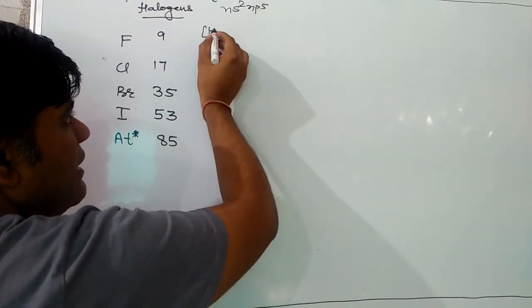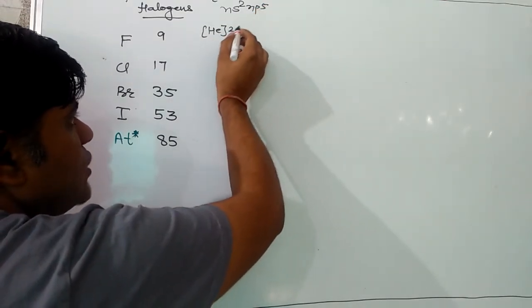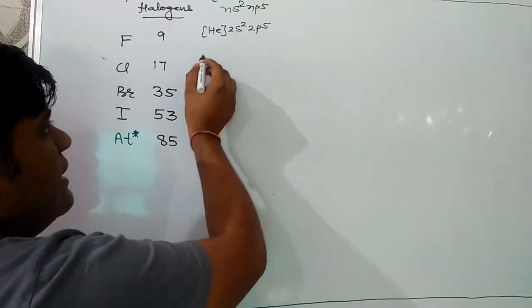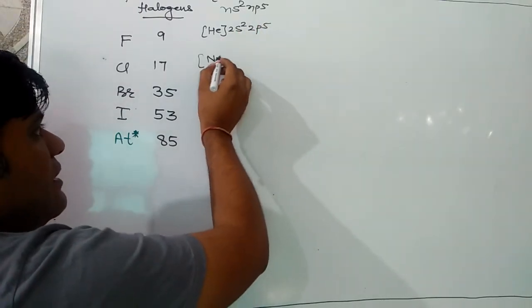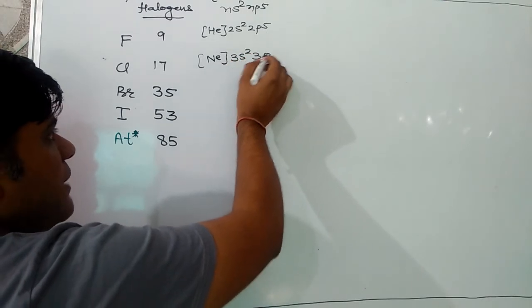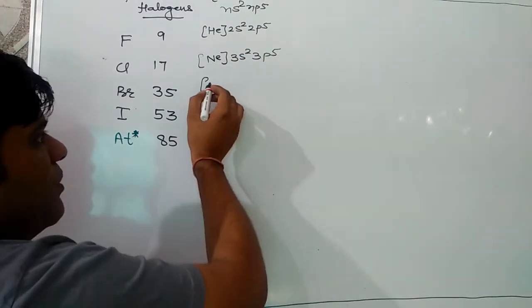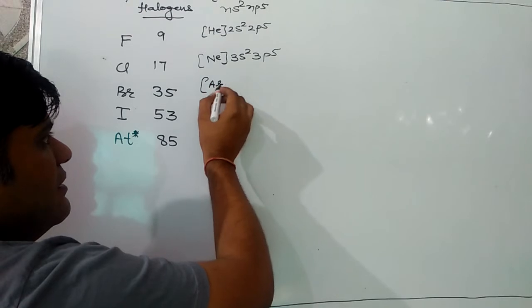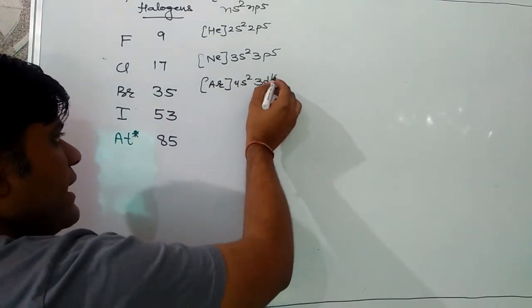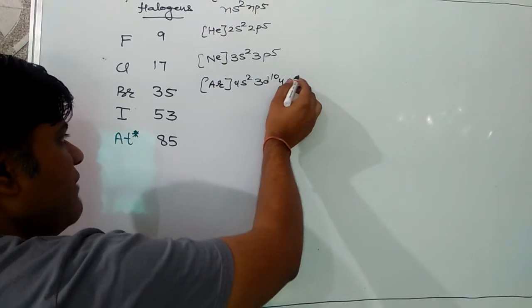For fluorine, it will be helium 2s2 2p5. For chlorine, neon 3s2 3p5. For bromine, argon 4s2 3d10 4p5.